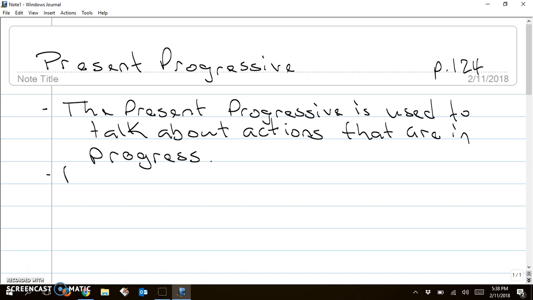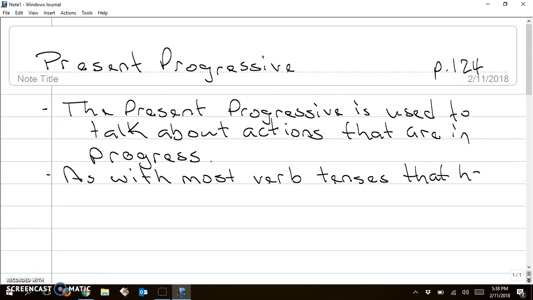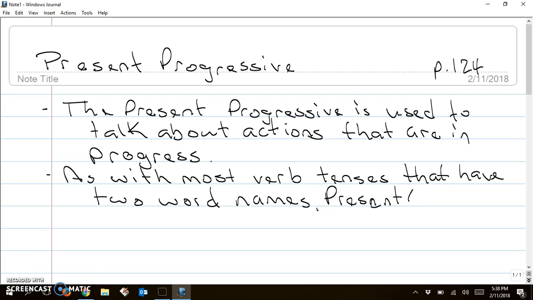As with most verb tenses that have two word names, present, that's one, progressive, that's two, you will use two verbs.